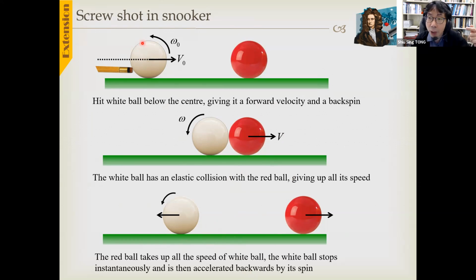Now, if you hit the white ball on the top instead of below the center, if you hit the white ball above the center, you will introduce some forward rolling motion to the white ball. And after you hit the red ball, the white ball will still be rolling forward. And that is called follow through. This is a standard skill in snooker, which allows you to control the motion of the white ball after hitting the other color ball.